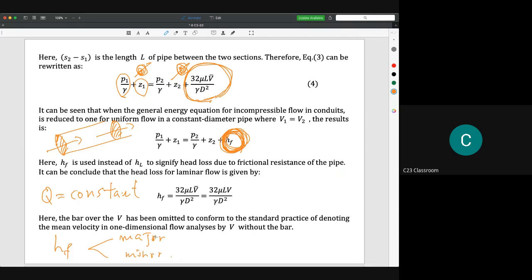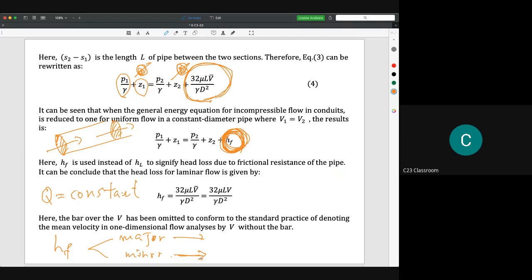The major losses are the consumption of energy to overcome the friction of the shear stress at the inner surface of the pipe.